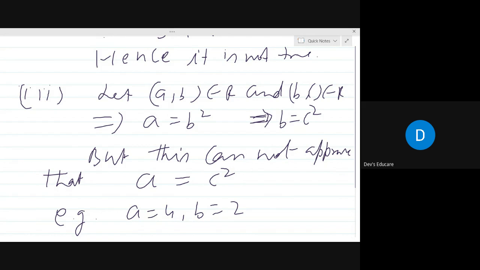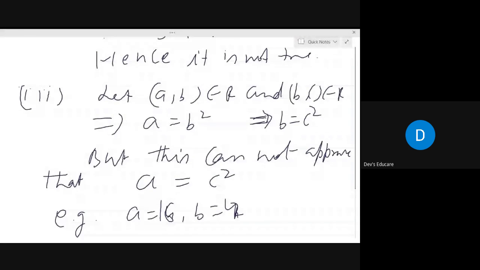So b should be equal to c squared. Take a as 16, b as 4, c as 2.